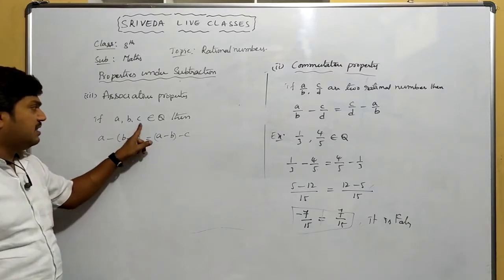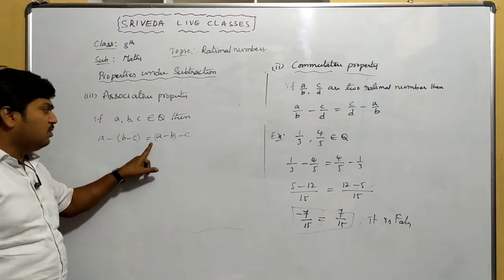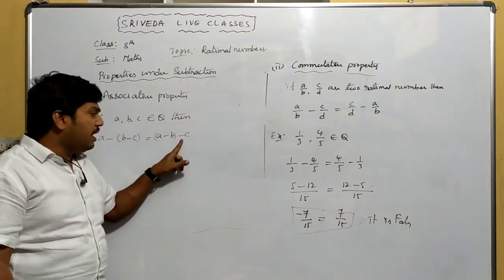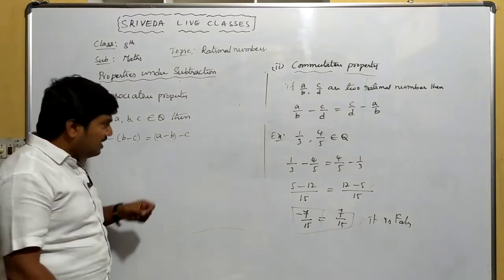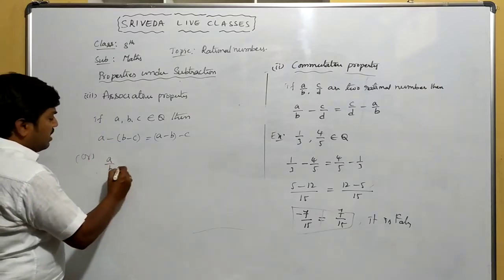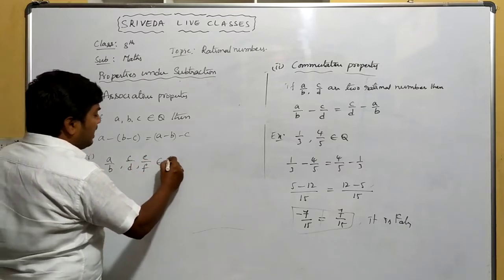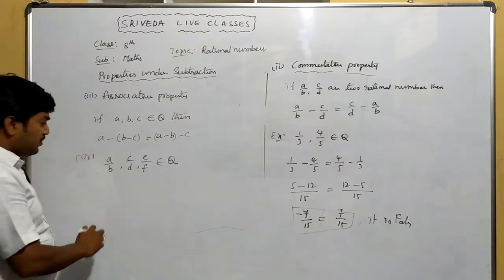So three numbers are there. A minus of B minus C equals A minus B minus C, or we can write A by B, C by D, E by F belong to rational numbers, they are fractions.